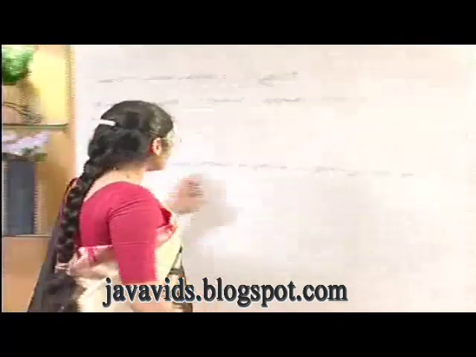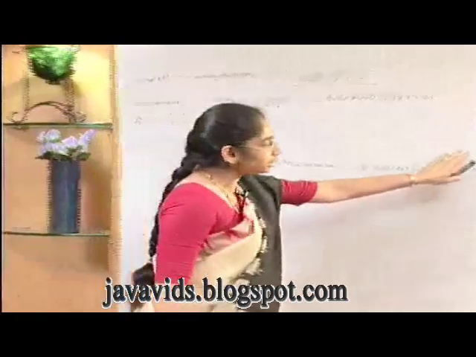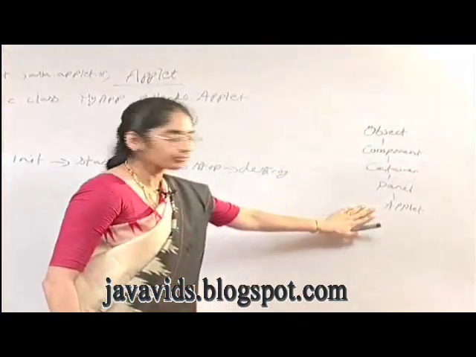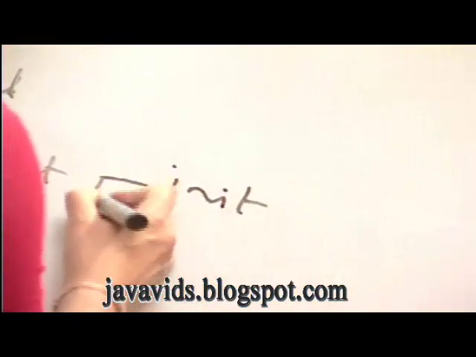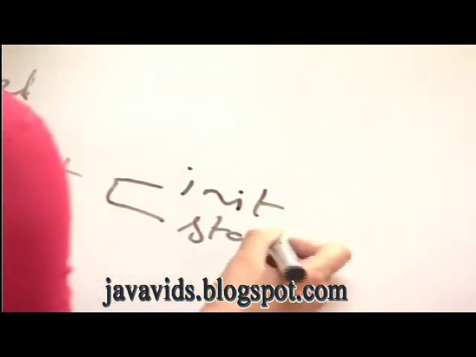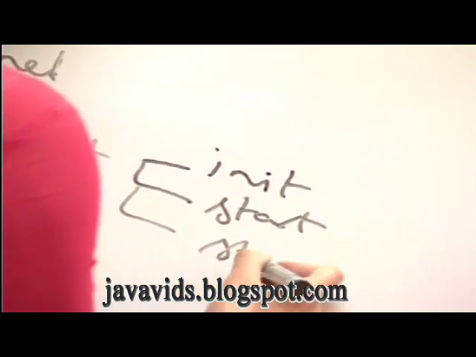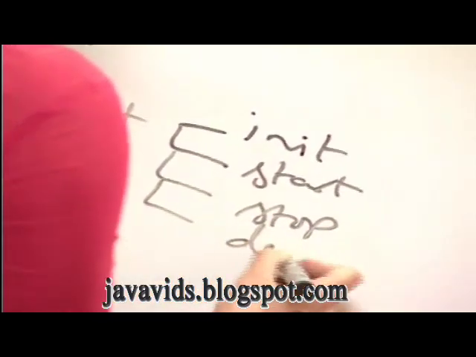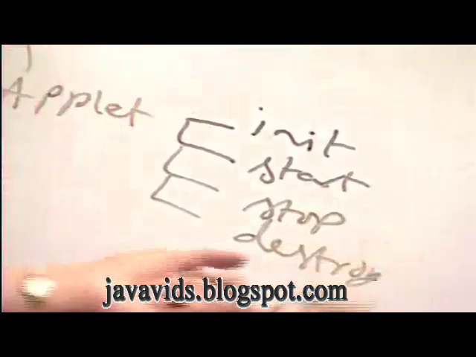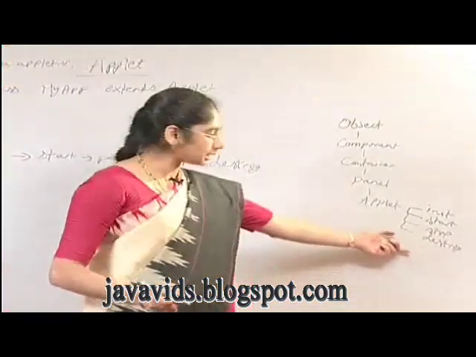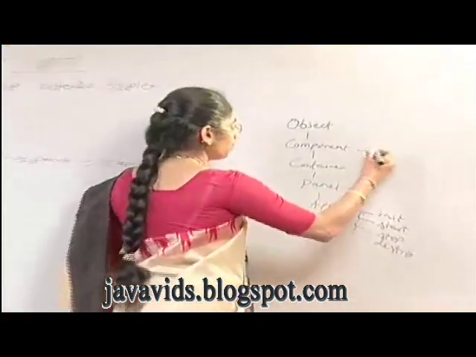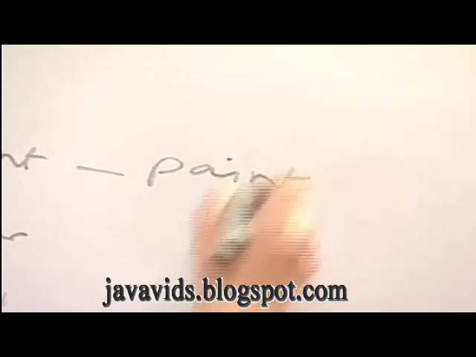These lifecycle methods come from this particular hierarchy here. That is, the init, start, stop and destroy come from the applet class, whereas the paint comes from the component class.